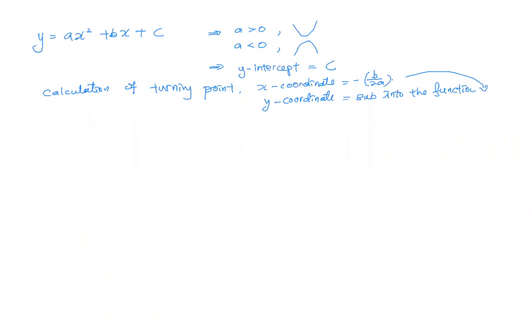So that is how I talk to myself. Our function just now is y equal to 4 minus 3x minus 2x squared. We have done that already, so we have the graph that looks like this.